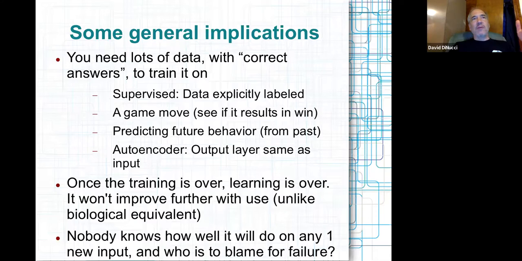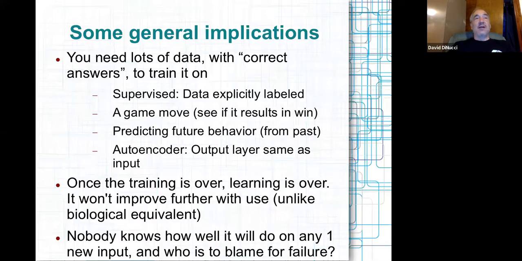So if you make the output layer the same as the input layer and it has to siphon through this hidden layer that's smaller, then it can automatically force it to find features, basically. I won't go too deep into that.